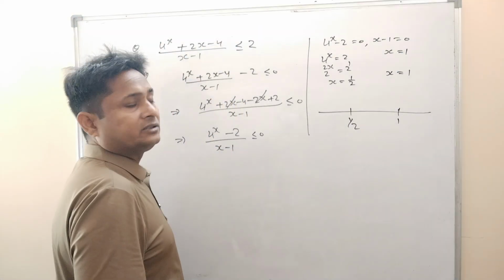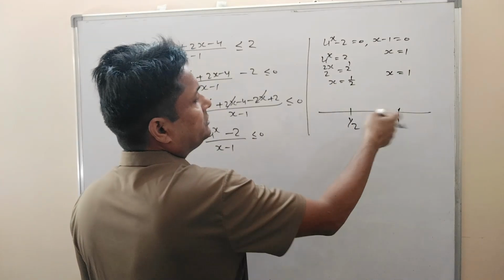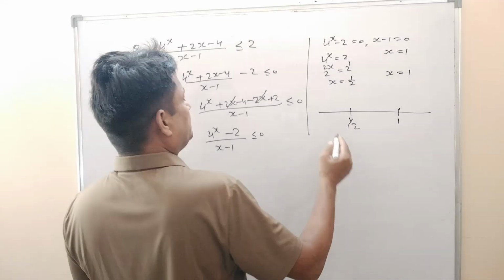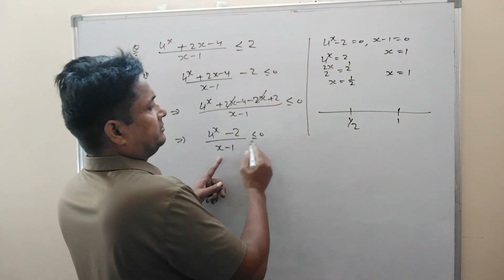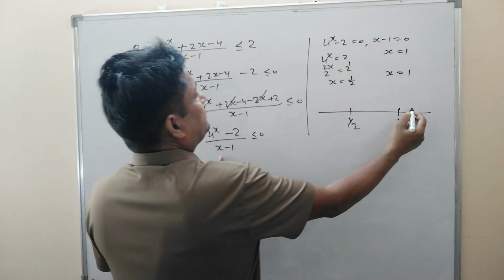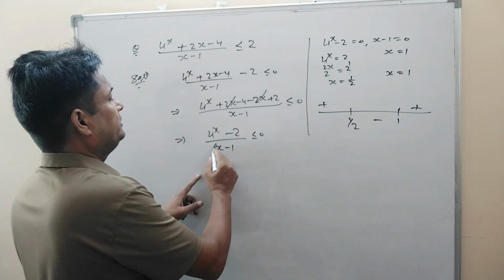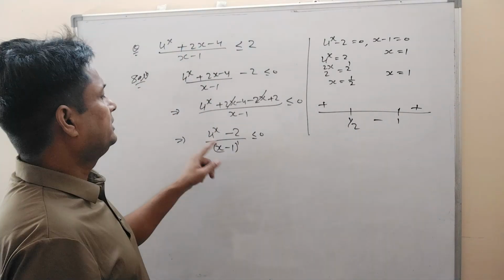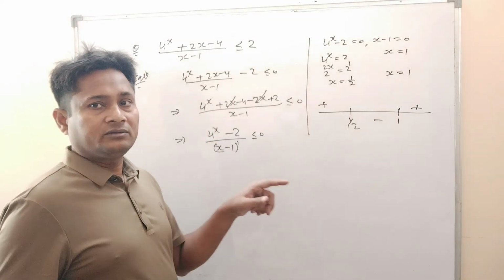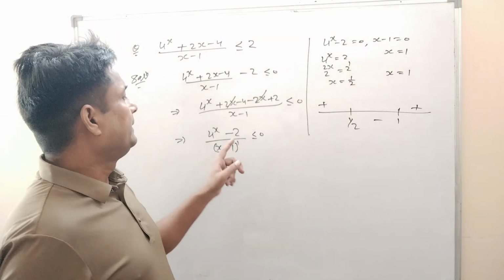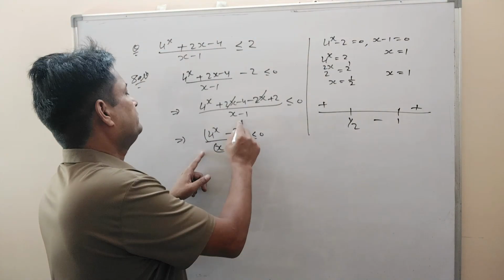According to the wavy curve method, we have to mark these roots in increasing order. So if you make the sign of this one, this will be positive, this will be negative, and this will be positive, because here the power is 1, an odd power, and this will also change according to the odd power.